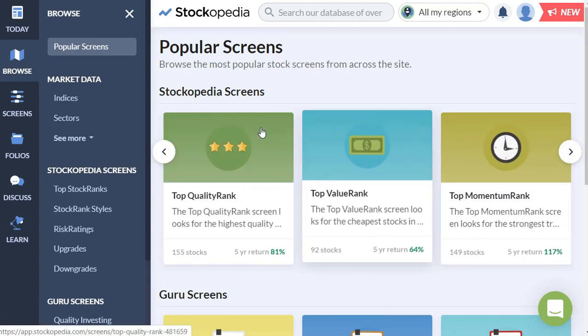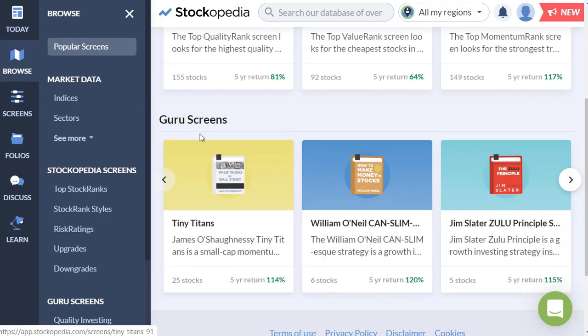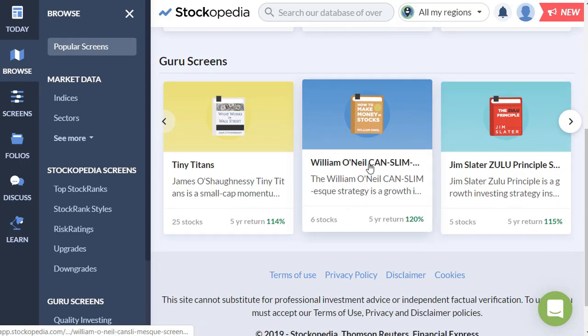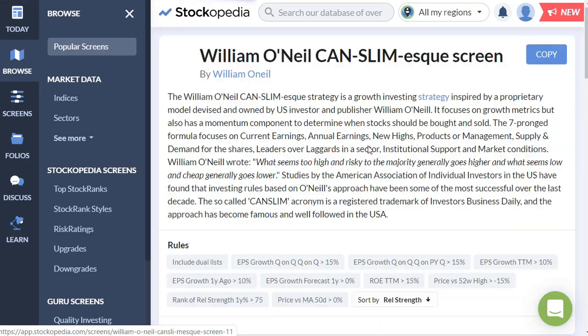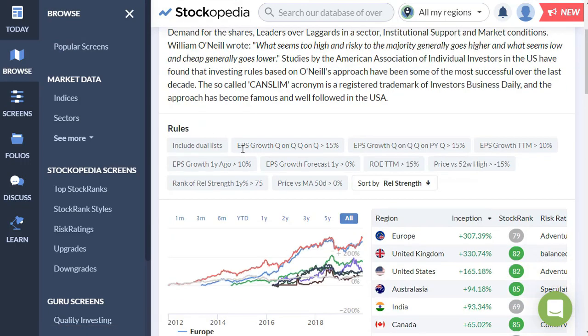So there are all of their own screens here, but there are also what they call guru screens. For instance, many of you might have stumbled upon William O'Neill and his CAN SLIM. You can see earnings per share growth and so on. Big books have been written about that.